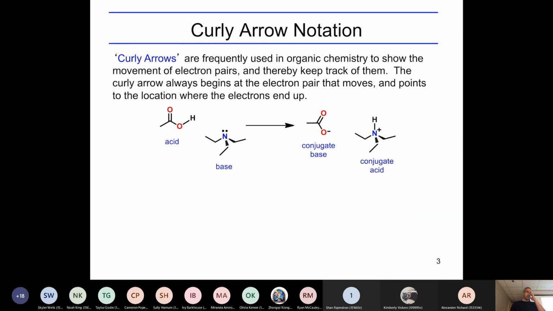Curly arrows, I think I introduced this before when we did resonance structures. We use curly arrows to track the movement of electrons. So if you are doing a resonance structure, let's pick an example off this slide.